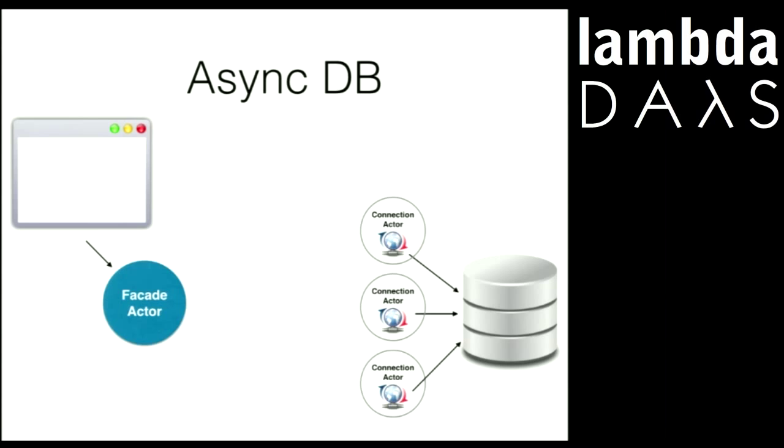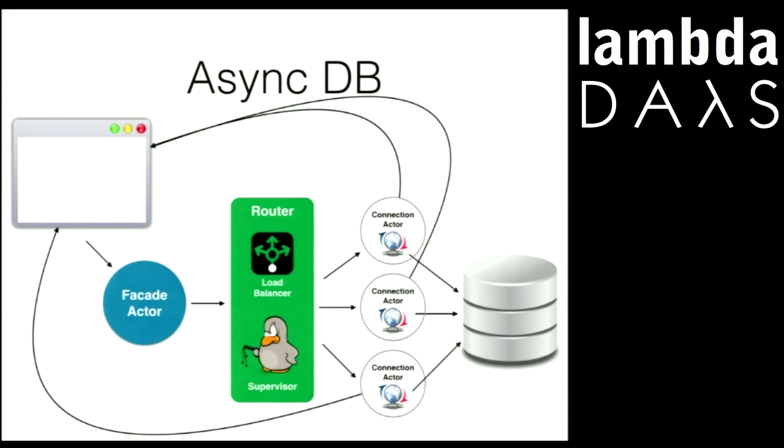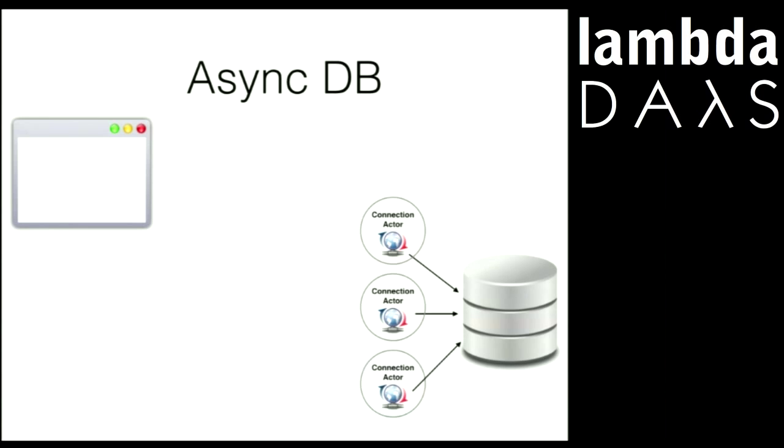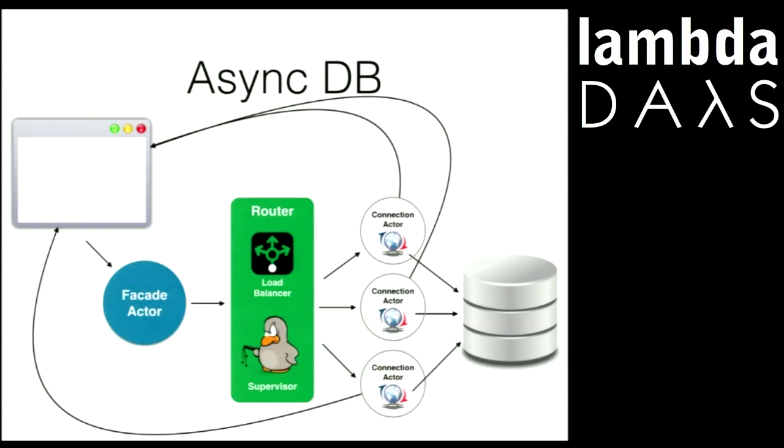Then we're going to add a facade actor because we don't want our client to know about all the details behind the scenes. We just want it to talk to the facade actor. And the facade actor will talk to the router. The router will know how to route the messages. So we've got a router.